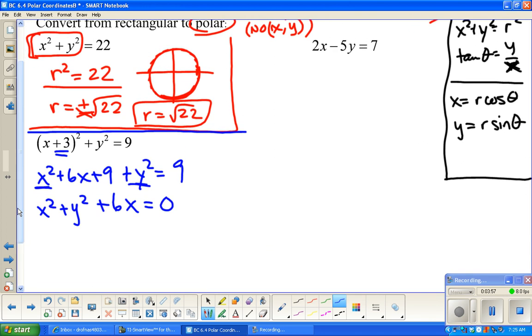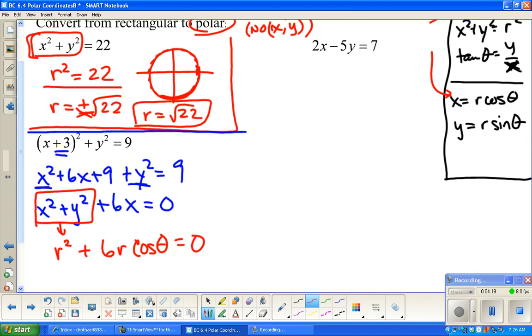As we already said, x squared plus y squared is r squared. Plus 6x, and x is, as we mentioned before, r cosine theta. So this is going to be 6r cosine theta equals 0.